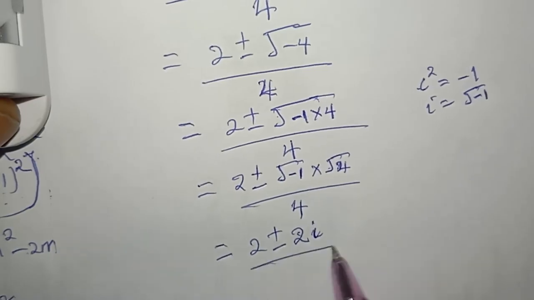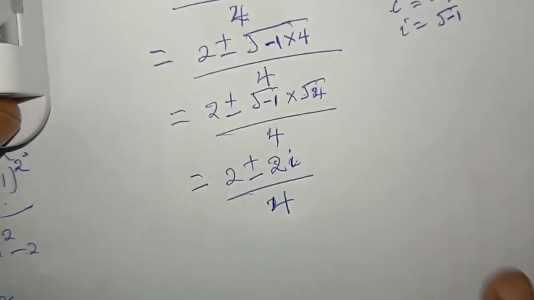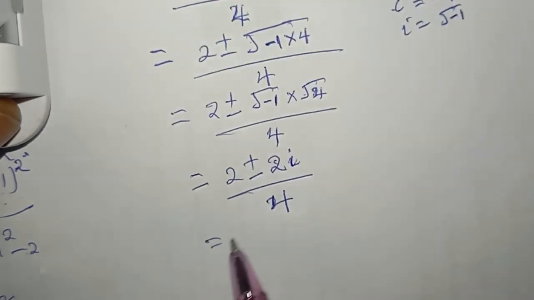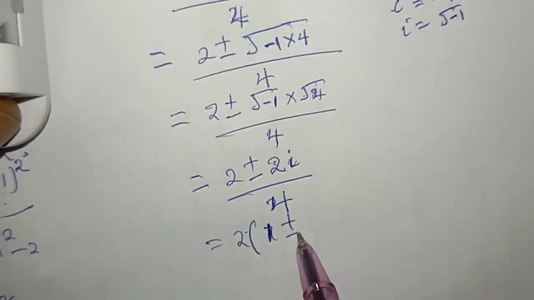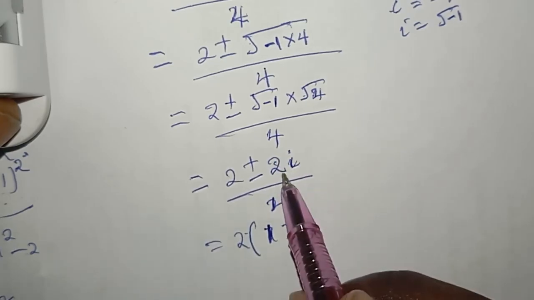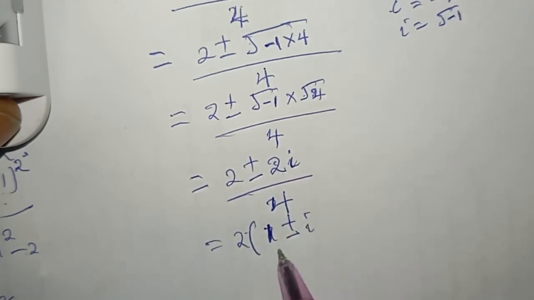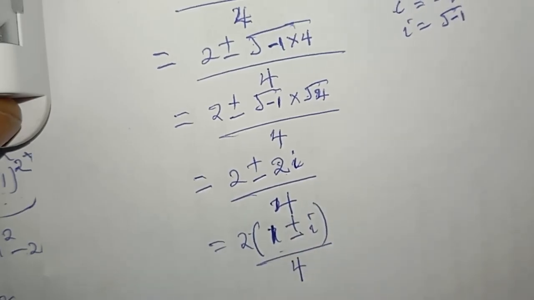So this is 2i divided by 4. You can see here that 2 is common, so I'm going to factorize 2, and then we have 2 into 1 plus or minus i, all divided by 4.